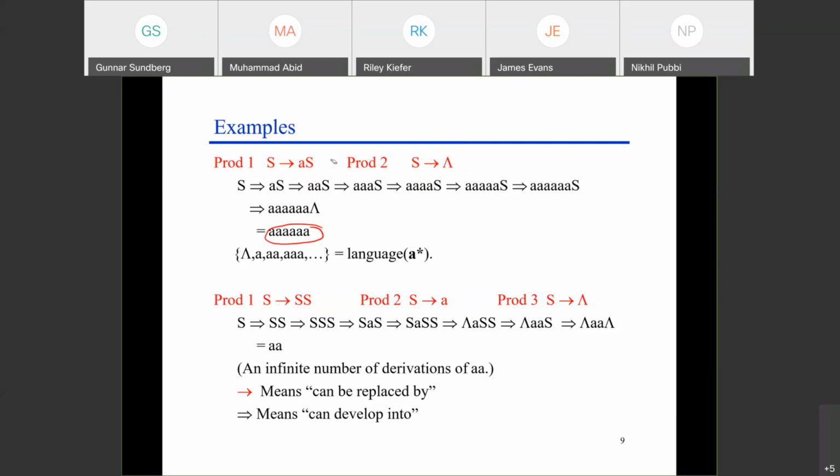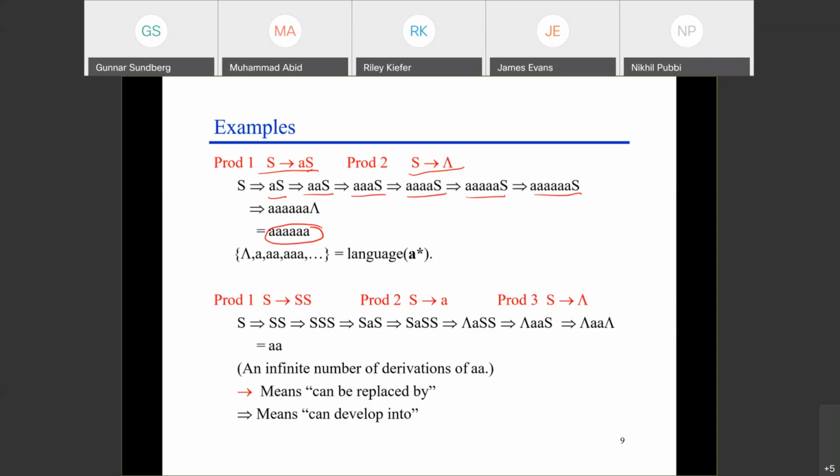I choose this one. S can be replaced by AS, and I repeatedly use this production rule again: S replaced by AS, AS, AS. I have 6 A's here, and then I replace S with lambda. It is completely my choice. Either 6 times I use this production rule, and later I replace S with lambda. The way I want, I can choose, and I generate this word.